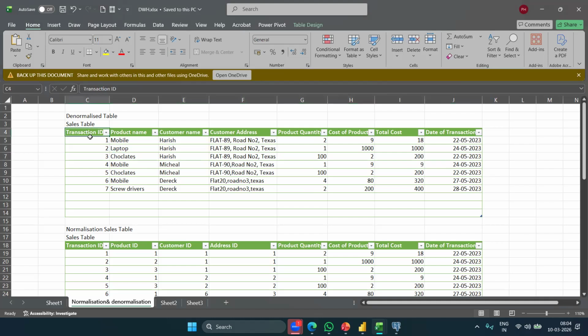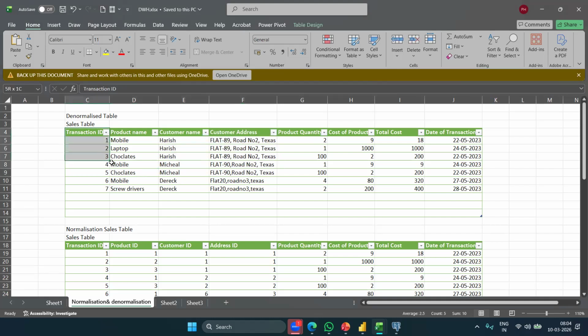Now, if you see here, this particular sales table has details related to the customers, Harish, Michael, Derek, who have purchased. And if it is a grocery store, Michael, Derek, and Hari would be visiting regularly. That means their information would be fed into the system regularly, right?